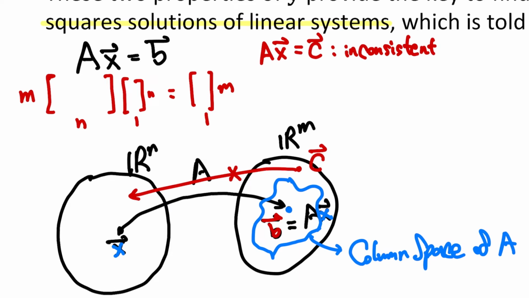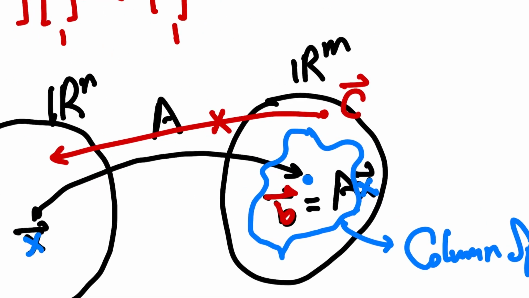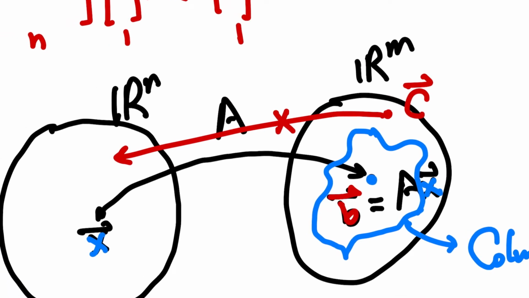But in some cases, we want to find an approximated solution, because in real cases it is really hard to find a linear system that always has a solution. So in some cases, we have to find an approximated solution of this inconsistent case. Then what is the approximated solution in this case?